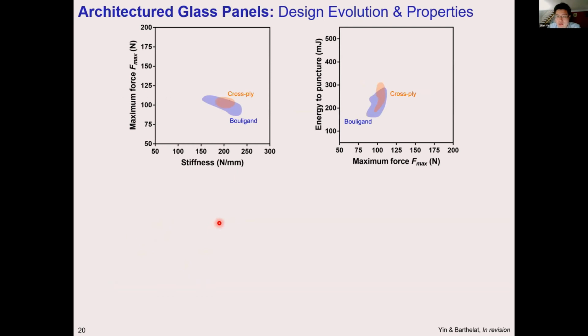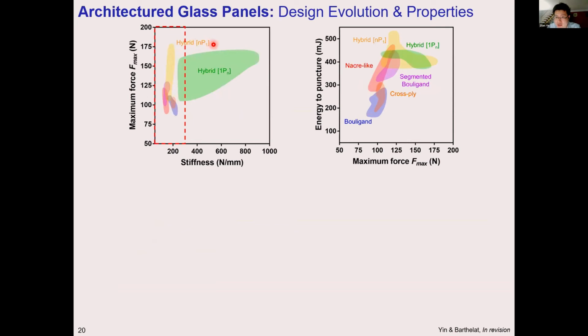Overall, we start from continuous ply designs, evolve to segmented designs, and further evolve this to hybrid designs where we have substantially increased stiffness and strength. Overall, we have 500% increased stiffness compared to our starting point, 70% increased strength, and 200% increased toughness.